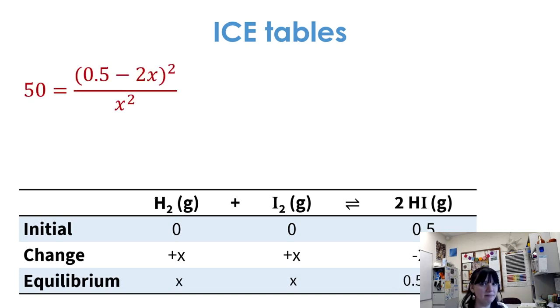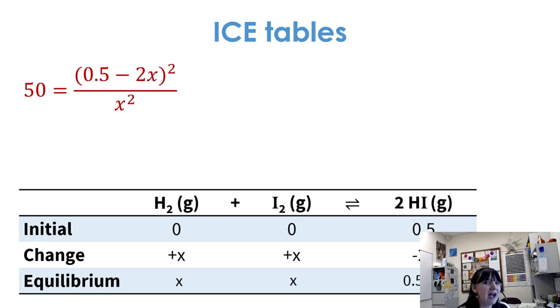Again, setting up my Kc expression, and this time I've simplified it down. I've combined some terms, but basically I have this algebraic equation where 50 is equal to, in parentheses here, 0.5 minus 2X, squared, divided by X squared. Now it's a fun little math trick.